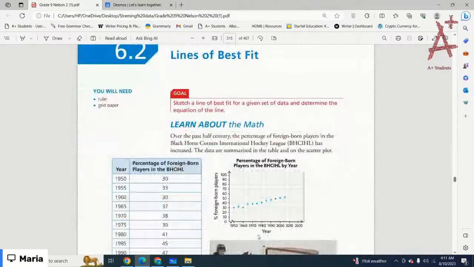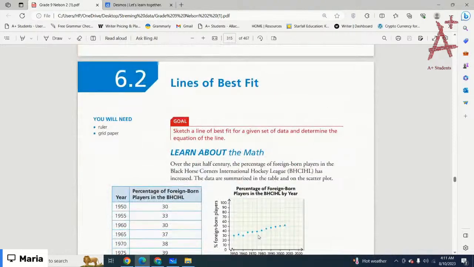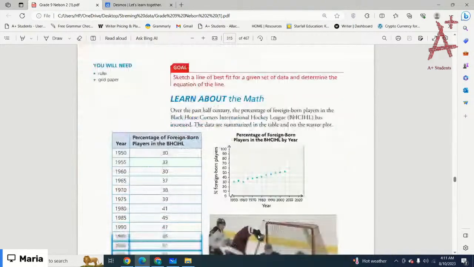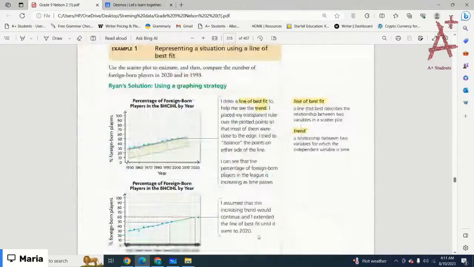A line that describes the relationship between two variables in a scatter plot is the line of best fit. A trend is a relationship between two variables for which the independent variable is time. If the independent variable is time, then that would be the trend.